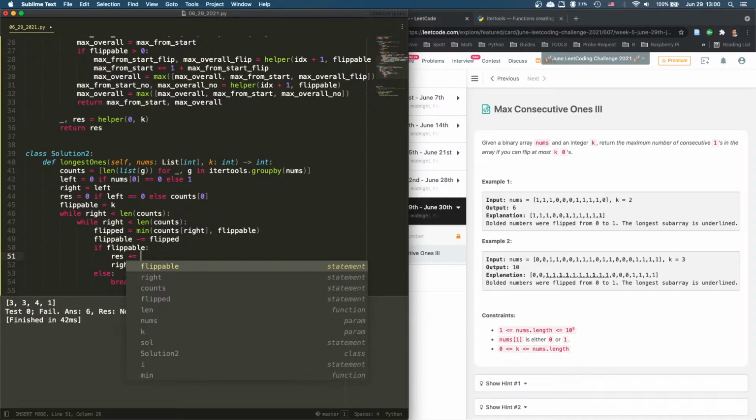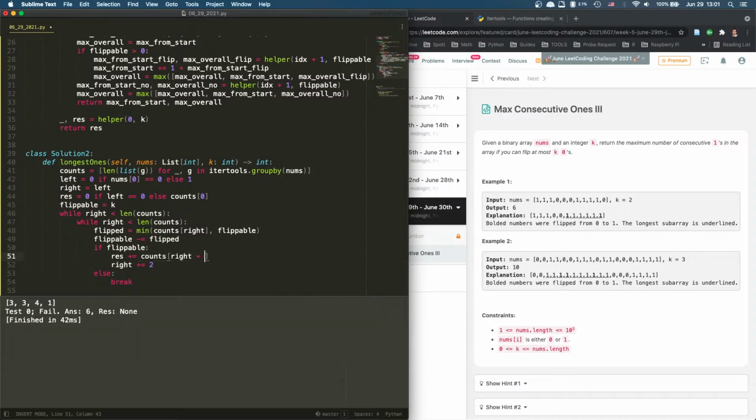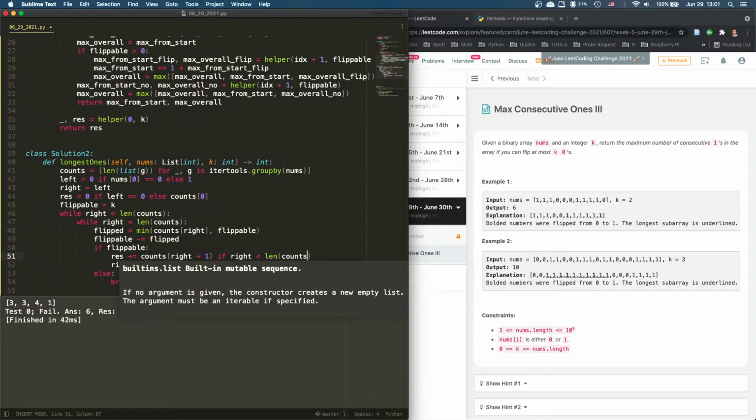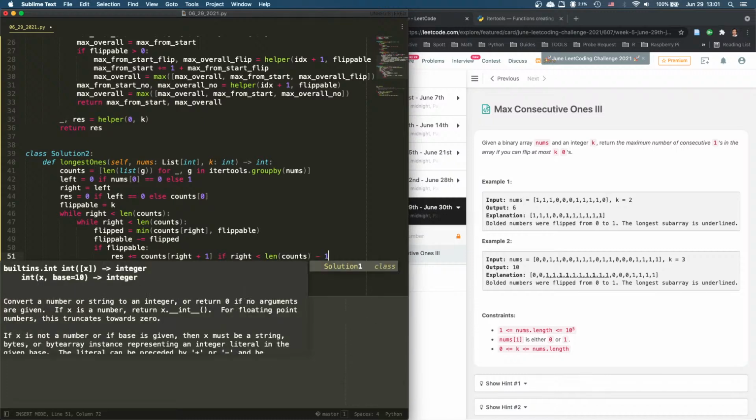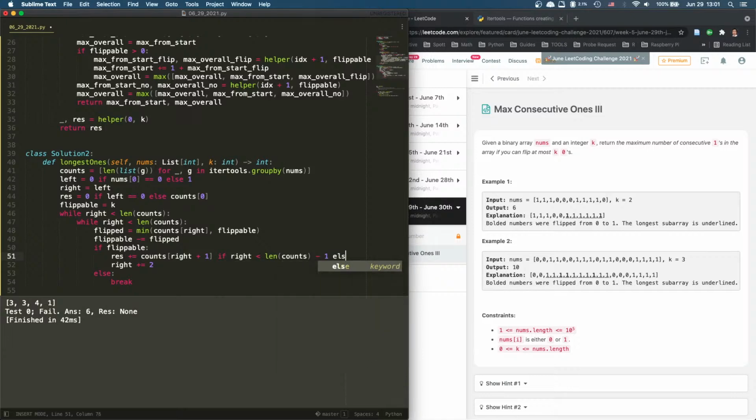Rest plus equal to the next one, which is counts right plus 1 if right is smaller than len counts minus 1, else there's no right, then it's a 0.